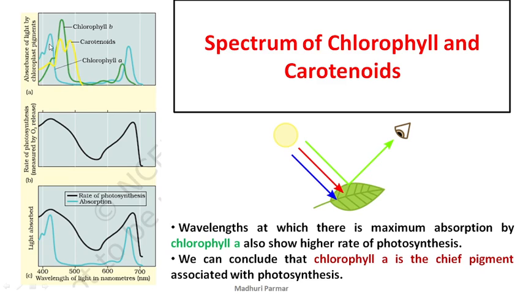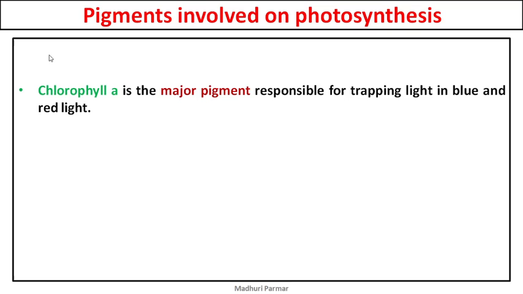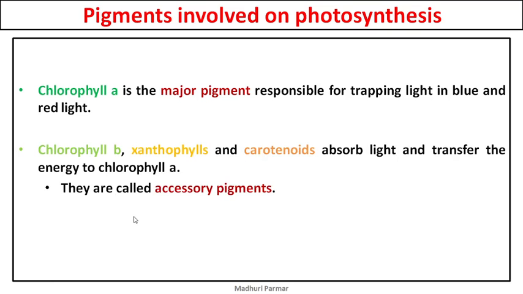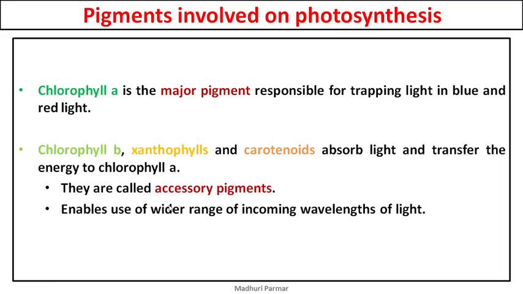Wherever chlorophyll A is not able to absorb well, the other pigments will absorb and transfer that energy to chlorophyll A. Clear? Hence, they are called accessory pigments. They are helping in the process. They enable use of a wider range of incoming wavelengths of light.